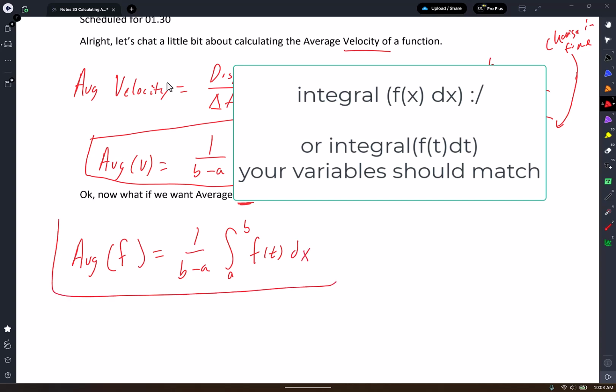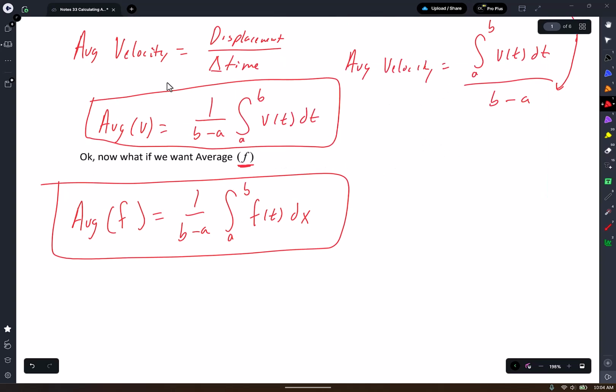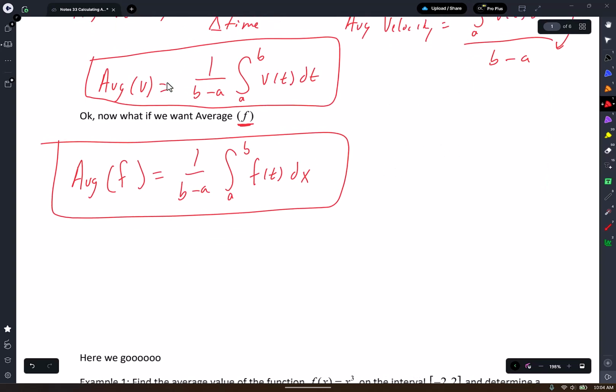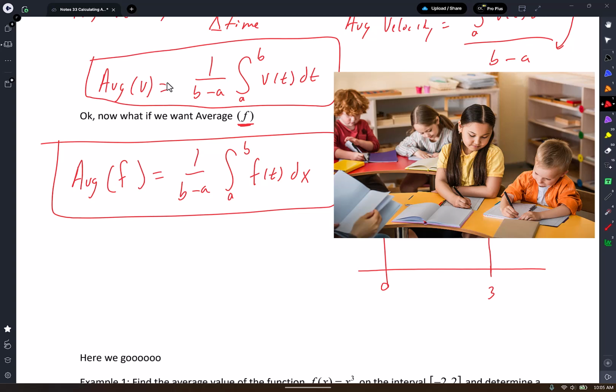It does not matter. And that's how you find average. And notice we derived this formula. We just didn't give it to you. Now, before we start, do we know what average means? Okay. So, nothing crazy.